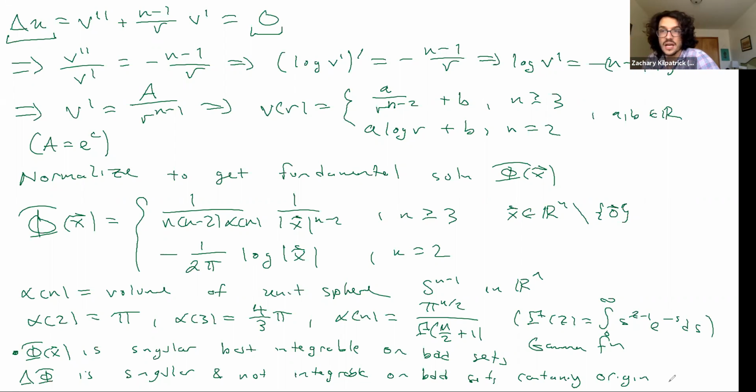Just like the delta function that you get in the case of the heat equation allows you to recover the initial condition when you convolve against it. Okay. Questions about this? Okay.